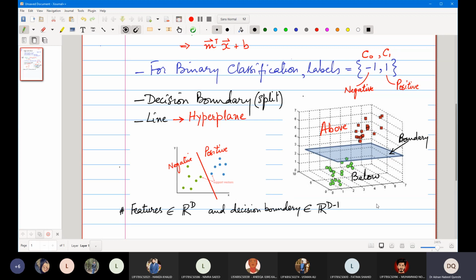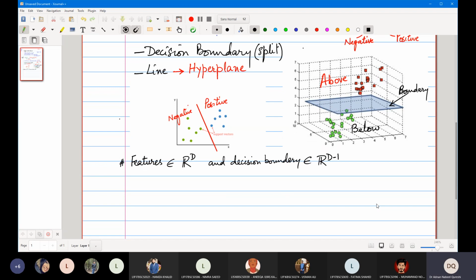Understand it very, very clearly. In the diagram on the left, we have got 2 features.